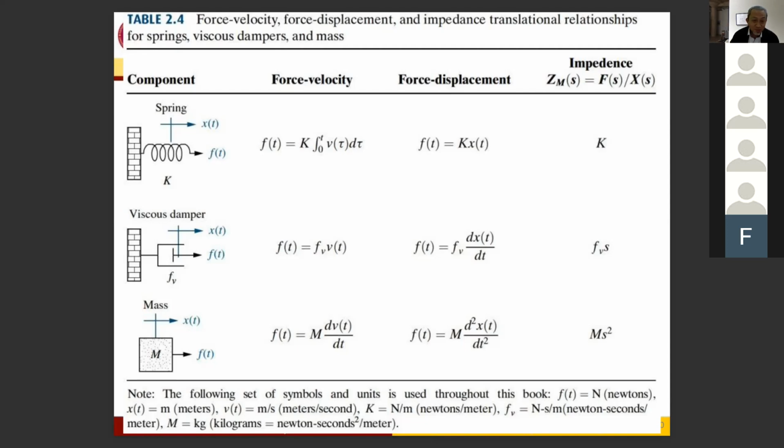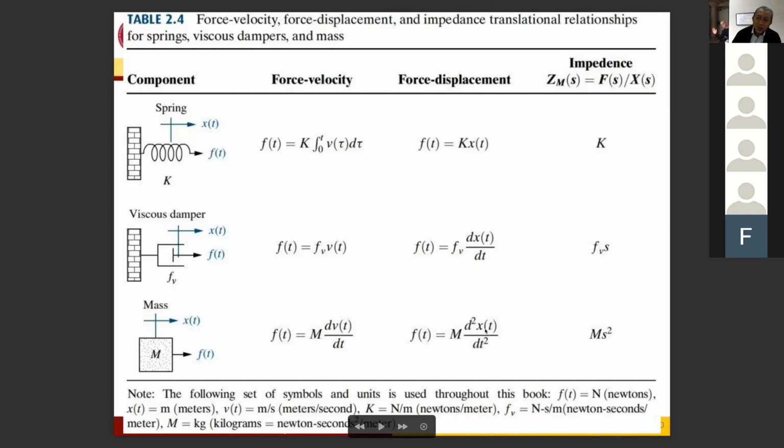Okay. So these are the equations. F is equal to Kx, where x is the displacement. The force is equal to Fv, which is the friction, dx over dt. And F is equal to m d square x over dt square.